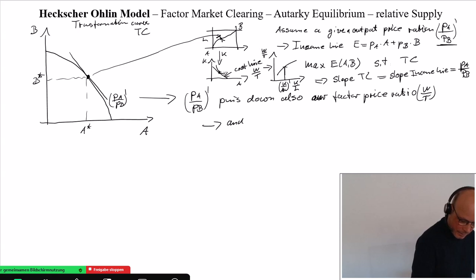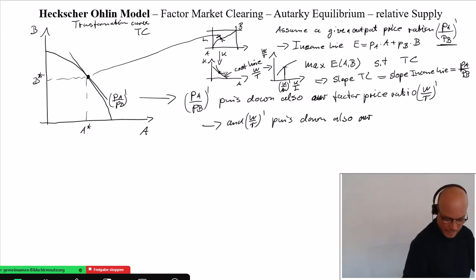And W over R prime pins down also our capital over labor ratio of A and B, our factor input ratio, this I should also write down.